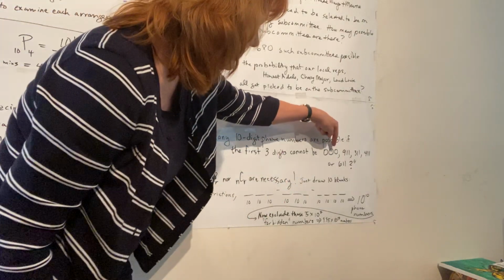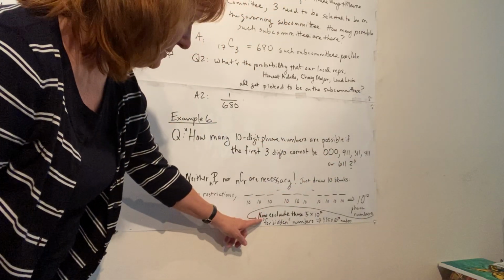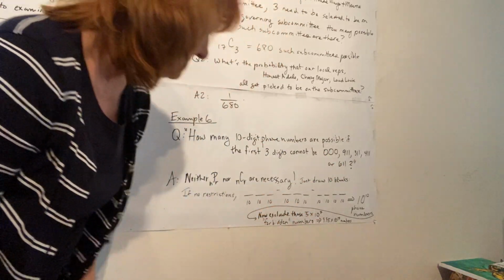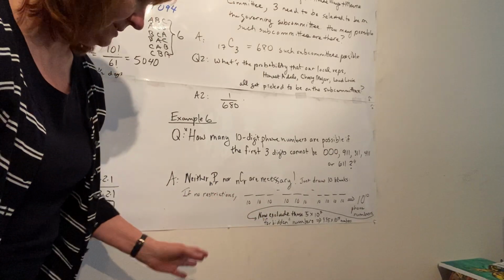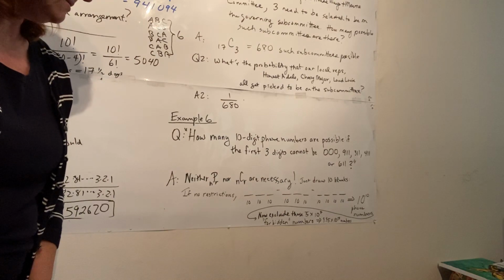And there's 1, 2, 3, 4, 5 of those. So let's exclude those 5 times 10 to the 7 numbers that are not allowed, be all the ones that start with those forbidden first 3 digits.